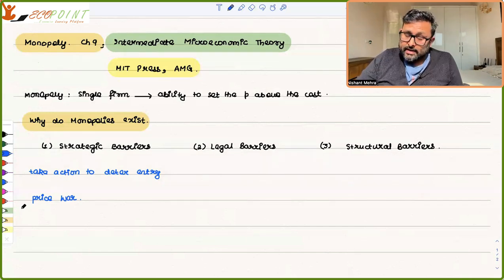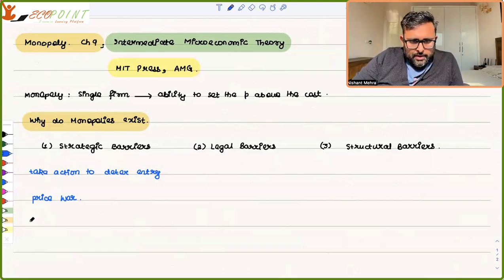The moment the entrant tries to enter, this incumbent airline reduces the price a lot. Now, after 1 year of such a huge price war, the potential entrant said, we are not entering because this is not profitable for us. And the moment that entrant has gone, the incumbent monopolist has again increased the price, right?